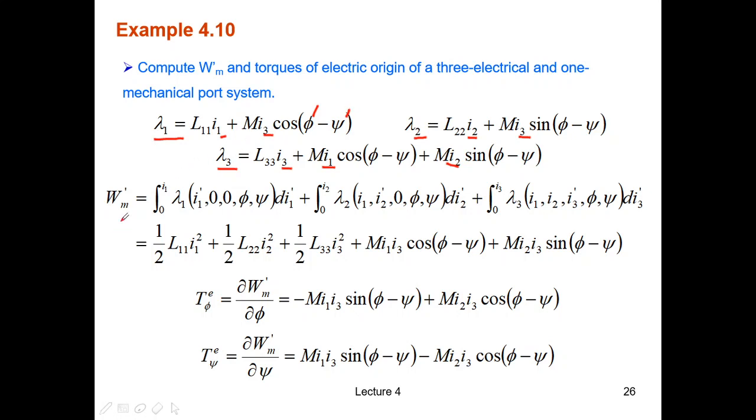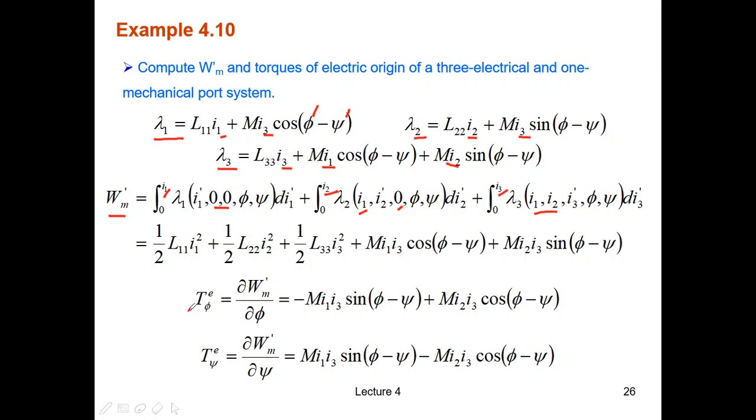We calculate Wm dash by going through the I1 axis first, where I2 and I3 are 0, and then we go along the I2 axis. Remember, I1 is at the final value, I3 is still 0, and I2 is moving. The final component goes through the I3 axis where I1 and I2 are at the final value and I3 is moving. So we can get this expression.